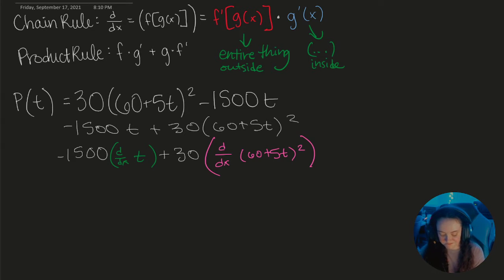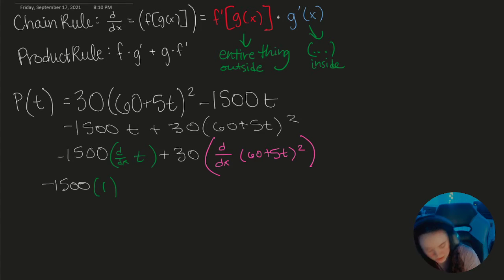All right. So in this case, it helps us to go ahead and solve this first one because it's easy. So negative 1500 would be multiplied by 1 because the derivative of a variable is just going to be 1. Okay, plus 30. And this next part is just our chain rule.